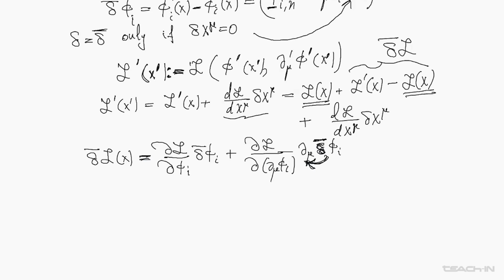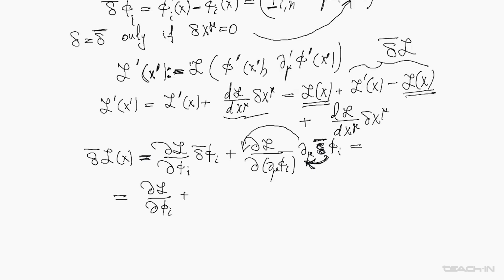And this gives me the following. I can write it as ∂L/∂φ_i, and here I will put the derivative ∂_μ for the price of adding a total derivative term.